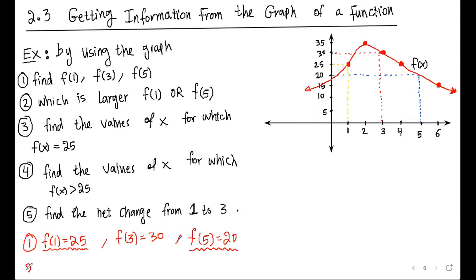So which is larger, 25 or 20? 25. So since f of 1 is 25 and f of 5 is 20, f of 1 is greater than f of 5. So the larger is f of 1.